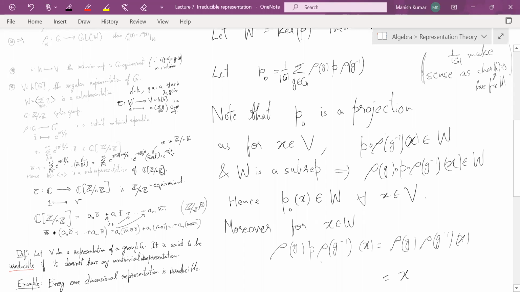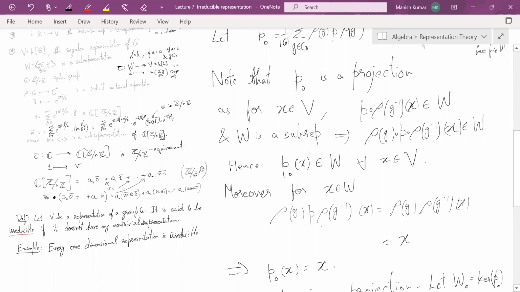And P is the identity on W, so you get this. Here we are using that W is a sub-representation.